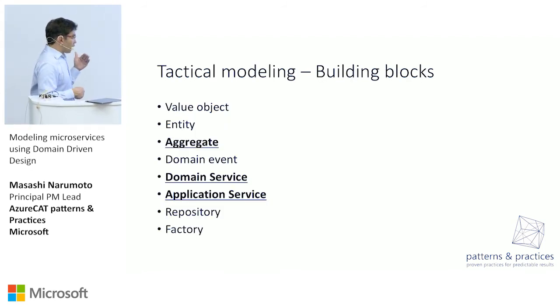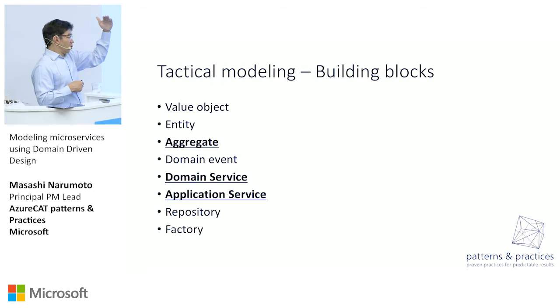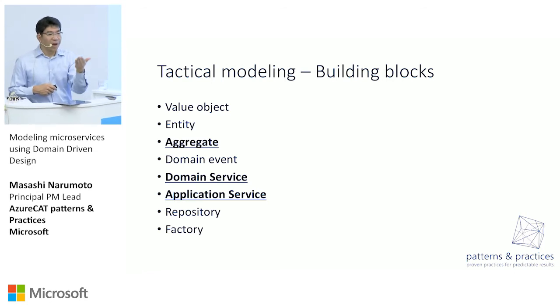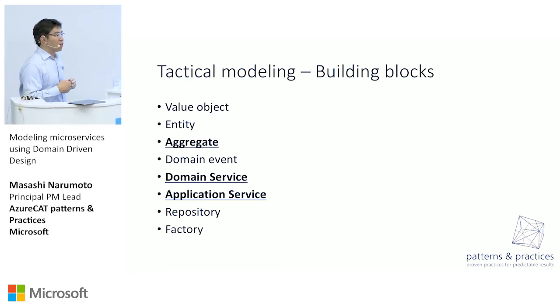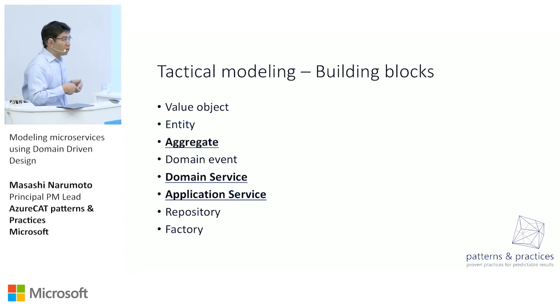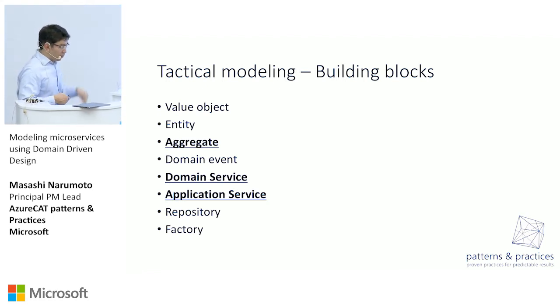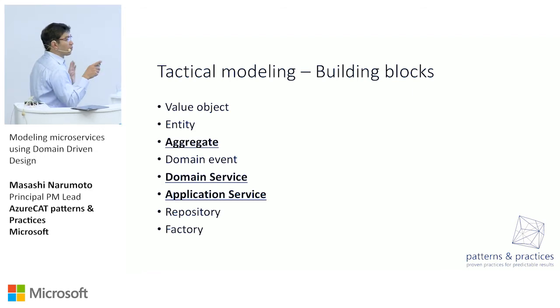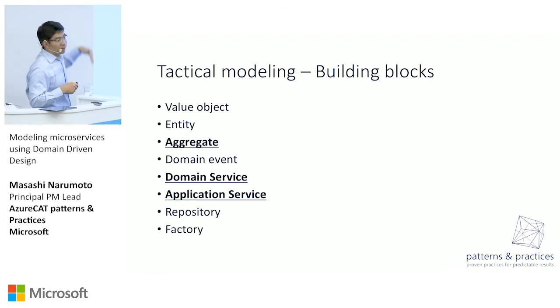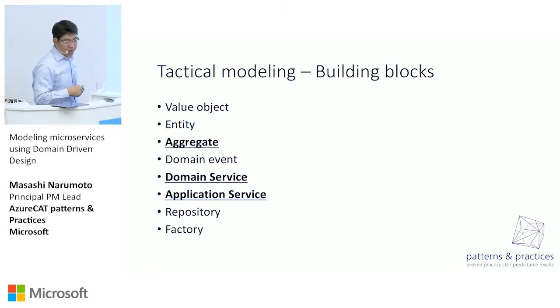So once you figure out the list of the domains and bounded contexts, you can now start looking into each of those bounded contexts and break it down using building blocks. And this is a list of building blocks. I'll show you a brief explanation of those elements.